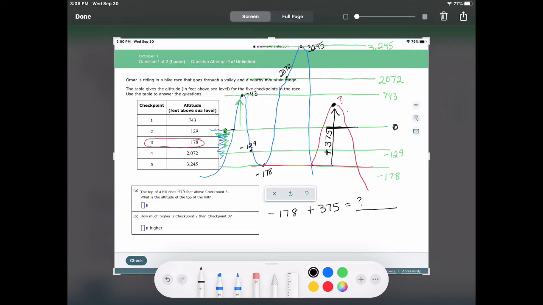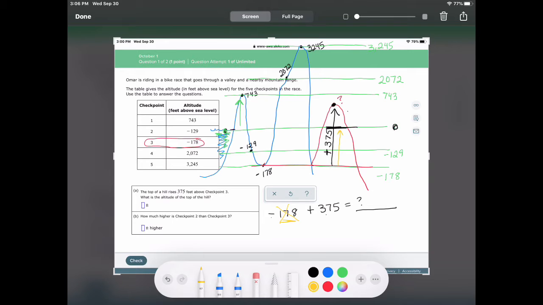So when we have a negative and a positive, we're going to cancel out basically all of this and see what's left over, because we're using up this amount just to travel up to the 0.